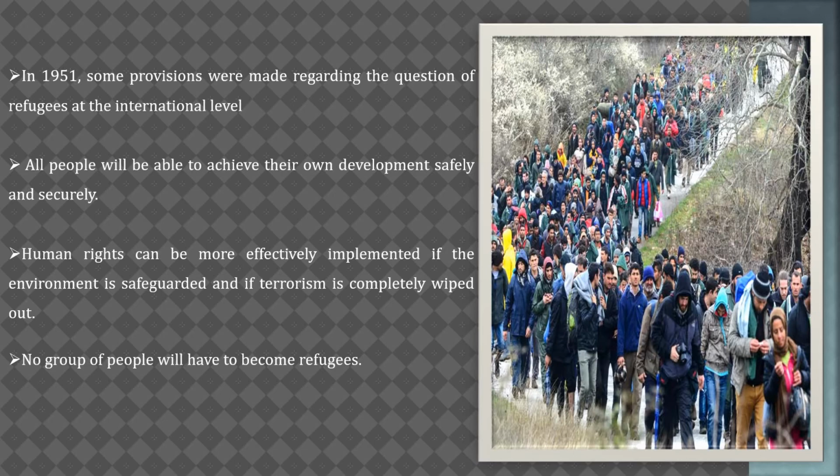No group of people will have to become refugees. For this, all nations have to come together, cooperate with each other, and take concrete action and bring about actual change.